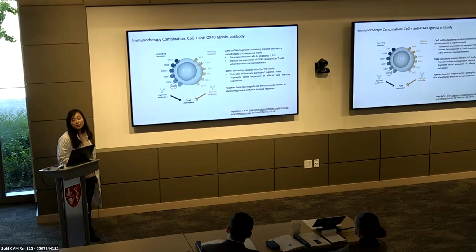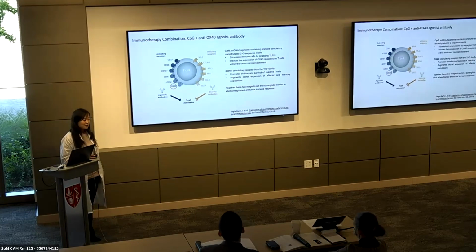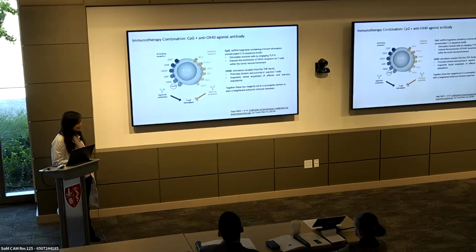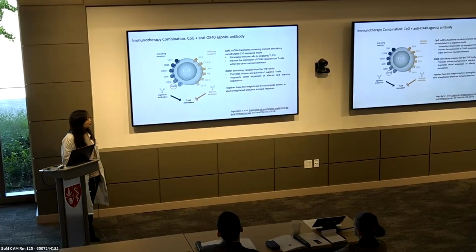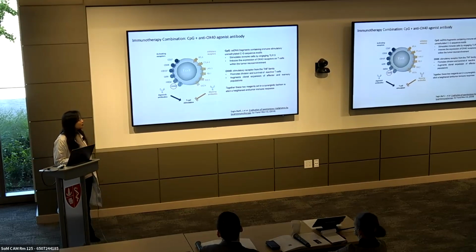We too became interested in investigating immunotherapy in the neoadjuvant setting. For the purposes of the rest of my presentation, the immunotherapy regimen that I'll be talking about is a combination of CpG and stimulatory anti-OX40 antibody. CpG is a single-stranded DNA fragment that contains immune-stimulating unmethylated CG sequence motifs.